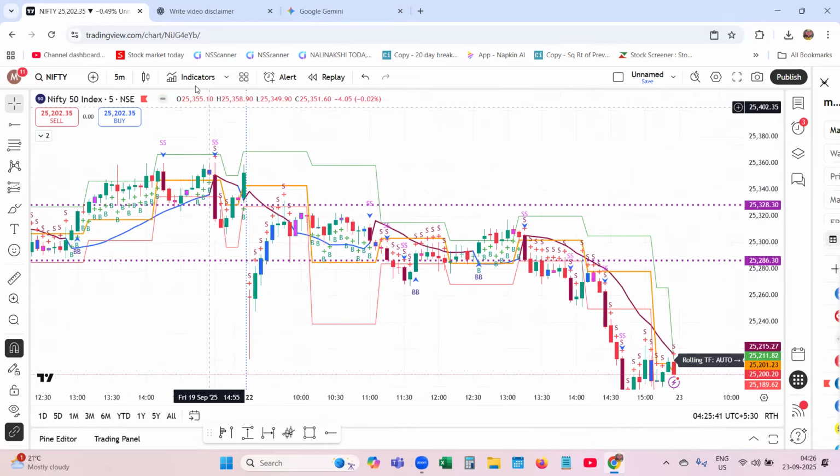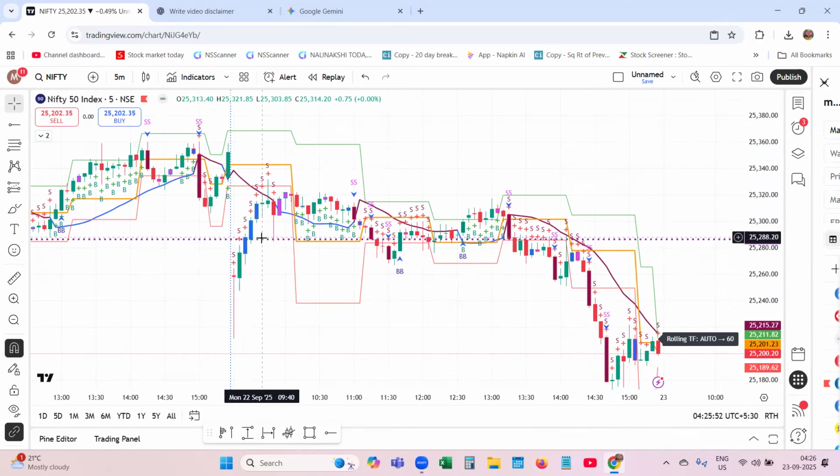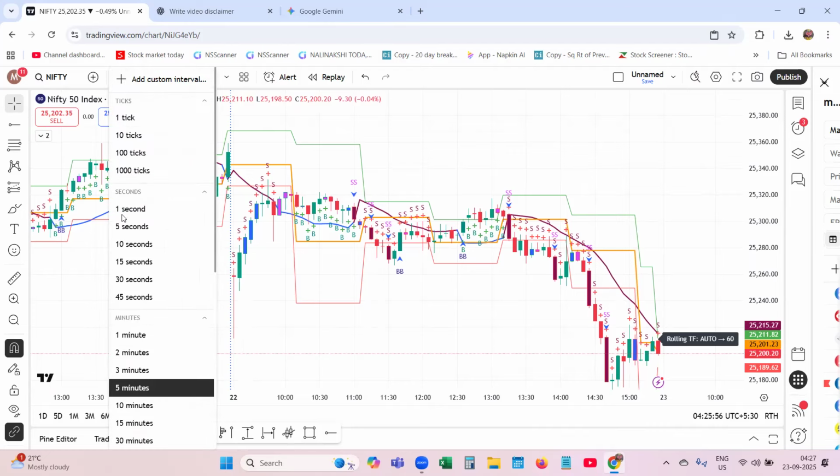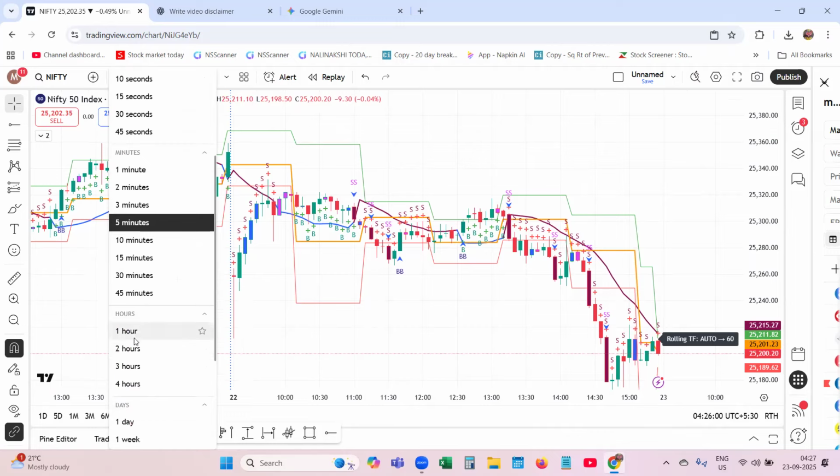Like that, let us check what happened yesterday. Yesterday, let me remove this. Same way, you are going to mark the hourly third hour. You have to change it to hourly time frame.